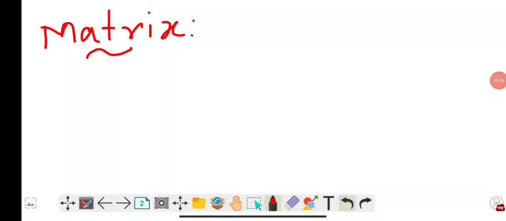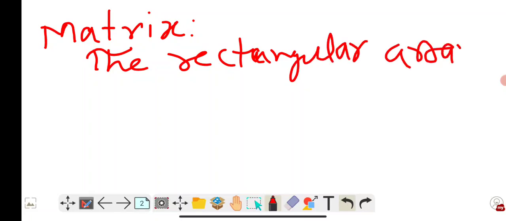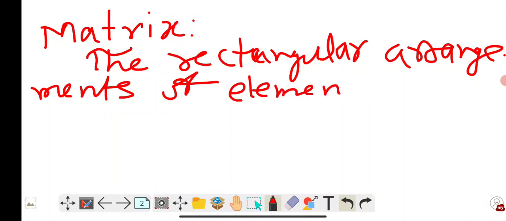Matrix. The rectangular arrangement of elements is known as a matrix.